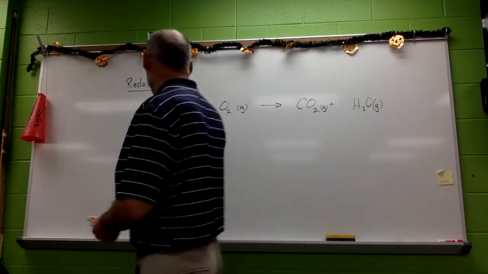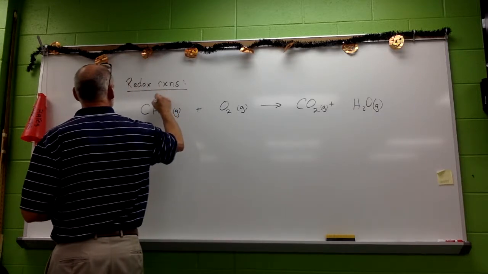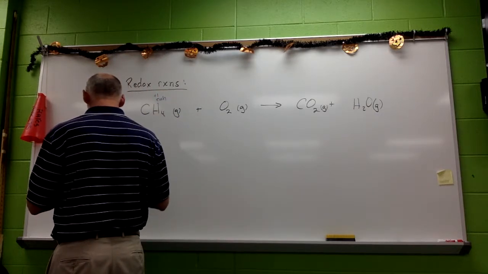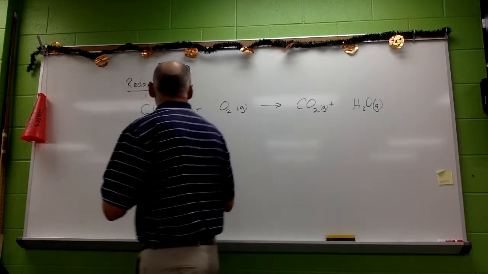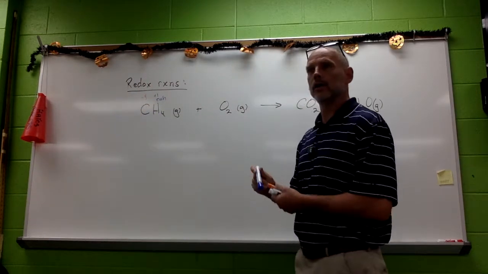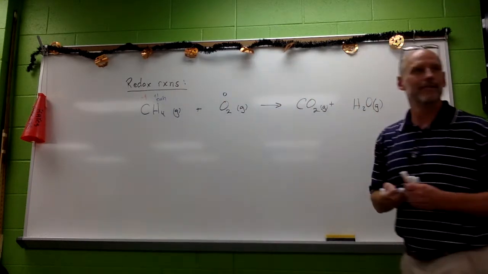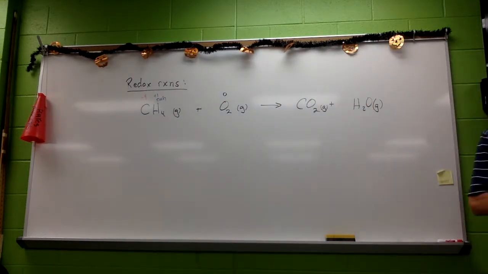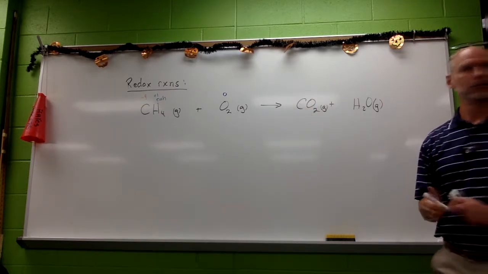Are there any that we know here? Hydrogen's going to be +1 each, therefore the carbon is -4. Oxygens here are 0. Well, I know. Over here, are there any that we know?